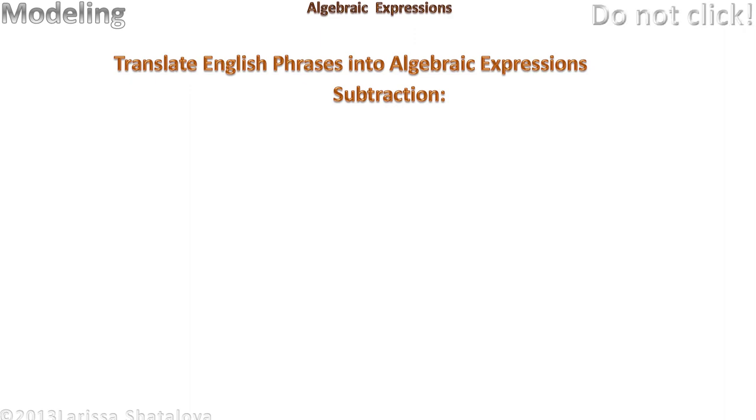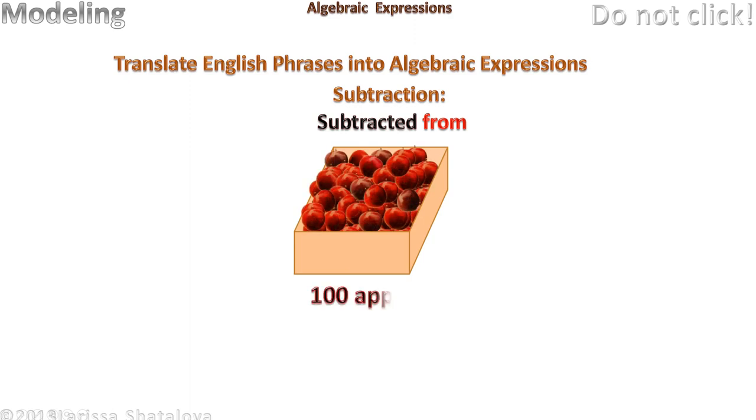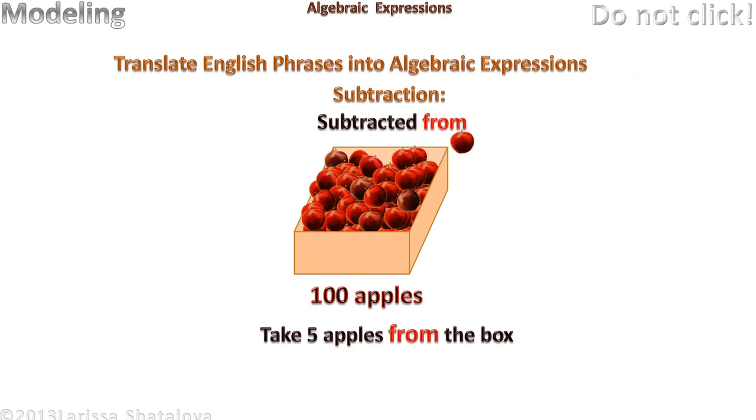All these words are coming from arithmetic. But I want to focus your attention on the words subtracted from, and we'll use modeling. If we have a box of 100 apples, and if we have a request, take 5 apples from the box. 1, 2, 3, 4, 5. How many are left over? 95. Yes.